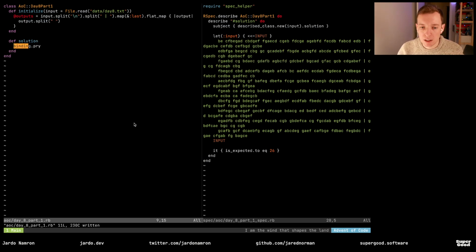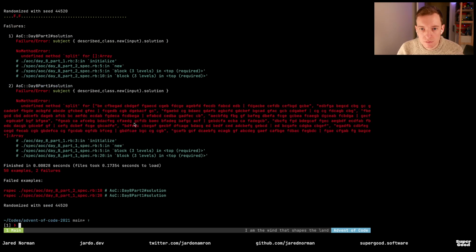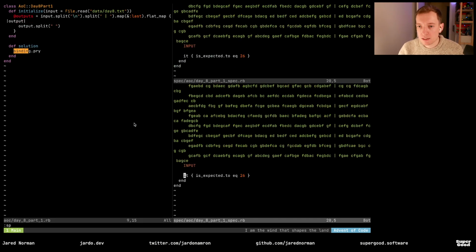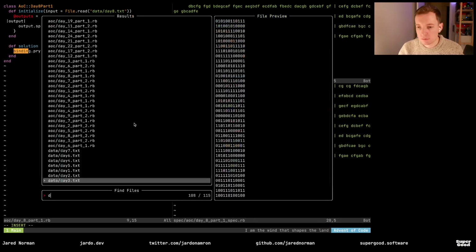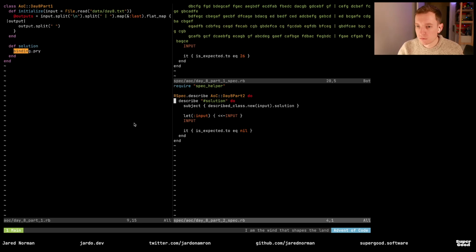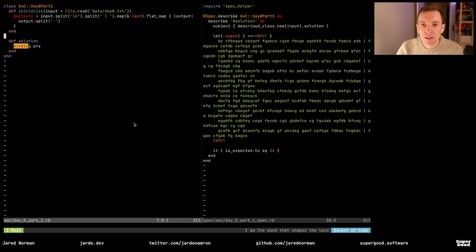Undefined method split. What am I calling split on?